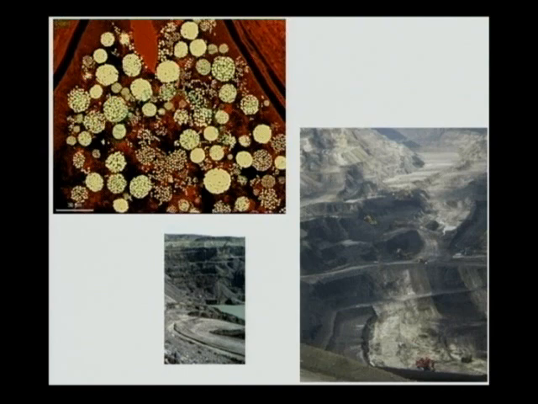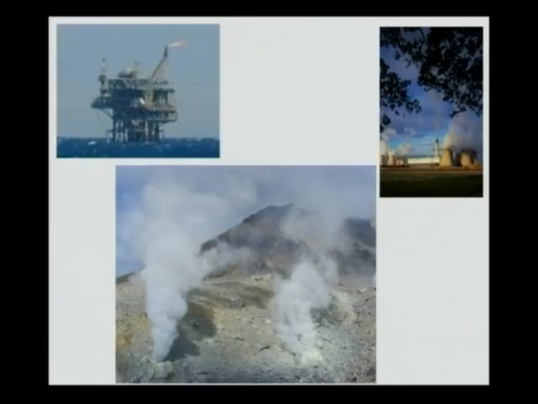Here are large mines of coal or of sulfides as well, sedimentary hosted sulfides. Of course, they are related to oil, so they come out in the oil itself or as gases.